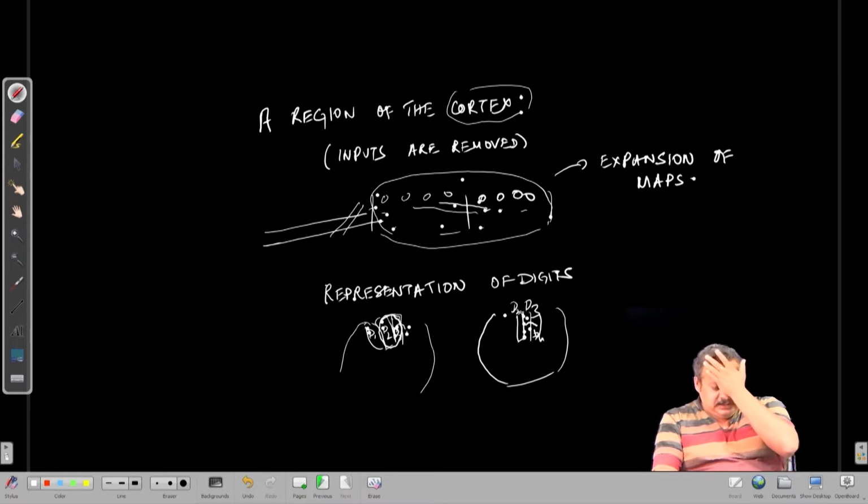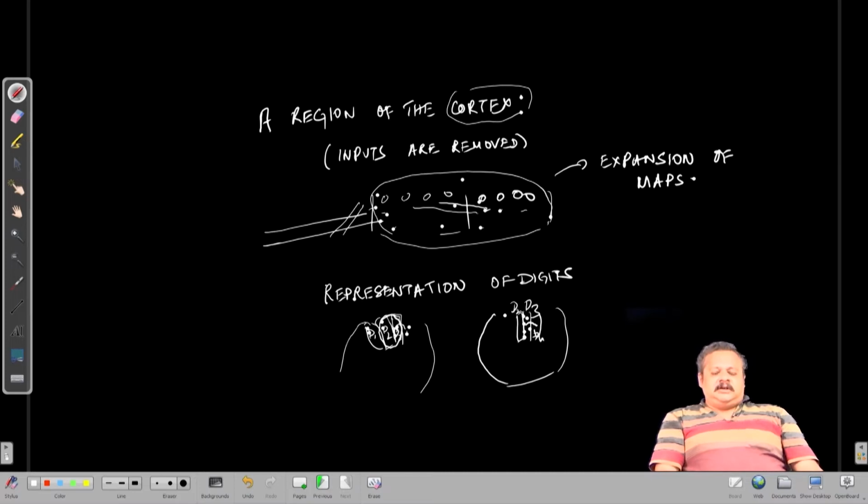That is only because the neurons that were representing that limb have been taken over by the neighboring positions on the body.